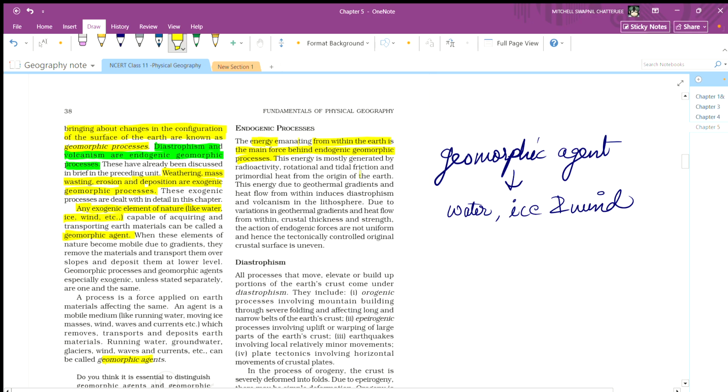This energy is mostly generated by radioactivity, rotational and tidal friction, and primordial heat from the origin of the Earth.